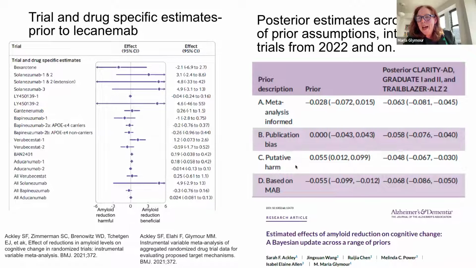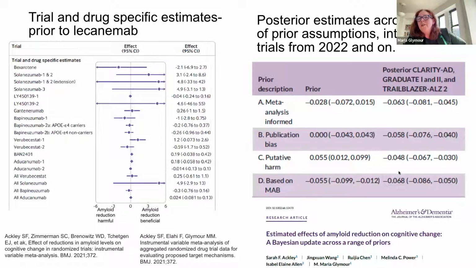Suppose you were a pessimist and you really thought these drugs are terrible and the companies are lying to us. This was your prior, a harmful prior. Or you were a true believer and you thought that they were actually beneficial, and you started with a prior of 0.055. I can't remember exactly how we chose that. It was the most optimistic plausible at that point.